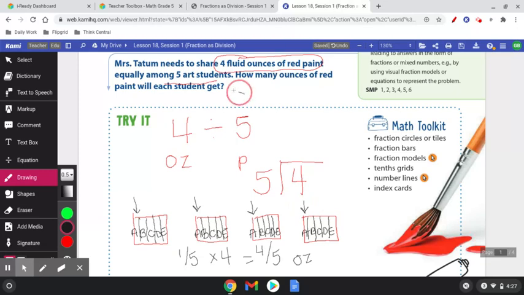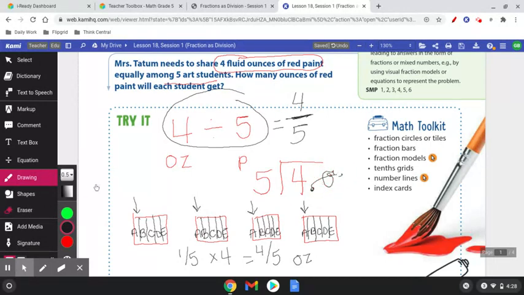So there's another way to see that 4 divided by 5 is the same as 4 divided by 5, the fraction. So they get 4/5 of an ounce. Now, if I were to try to divide it, I could. What I'd want to do, though, is I'd want to add a decimal zero. Oops, that looks really messy.